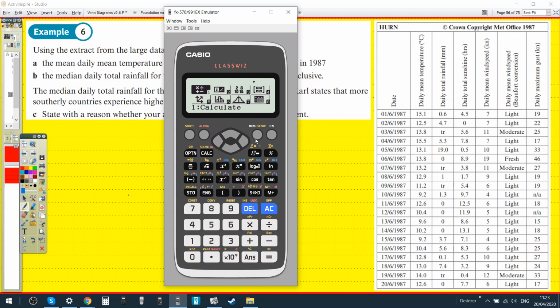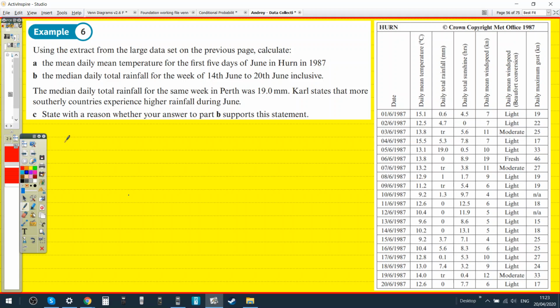I'm gonna try stats mode. So that would be one variable. What is it, sorry? I got 14. 14.0? Yeah. Okay, just because they're to one decimal place. 14.0.